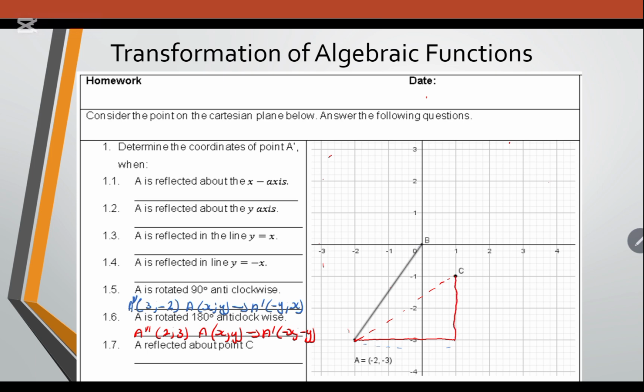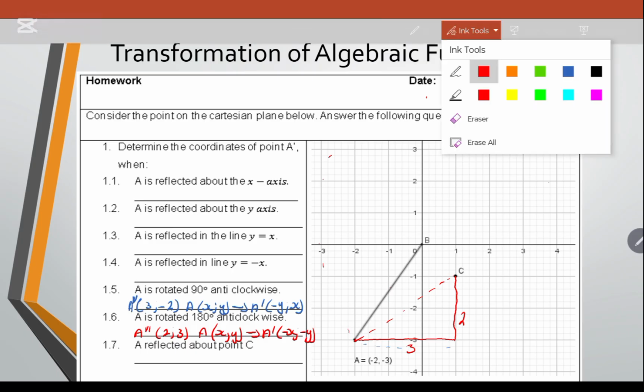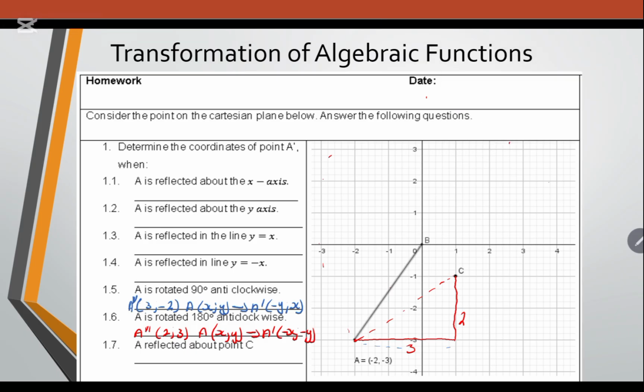Now I can see the horizontal distance is 1, 2, 3 units from A to C, and vertical distance is 1, 2, 2 units up. So I'm going to do the same on the other side. I move 2 units up. It lands me here. And then I move 3 units to the right. 1, 2, 3. So it lands there.